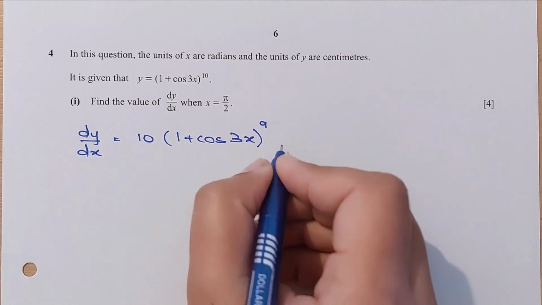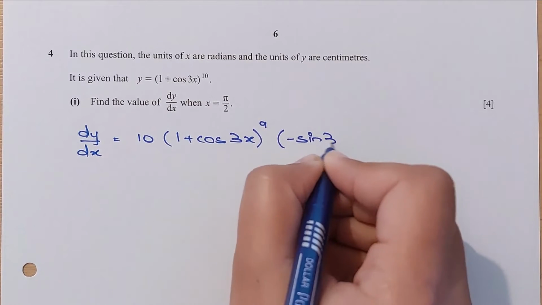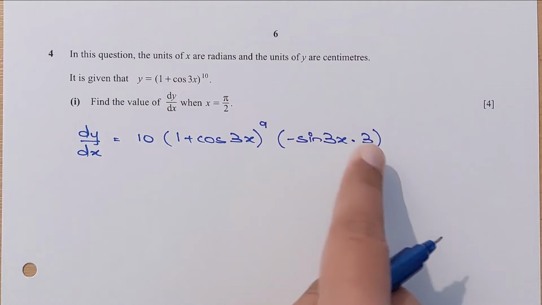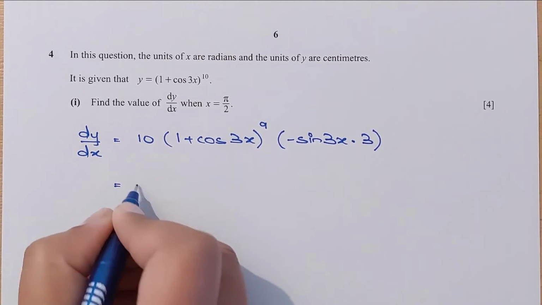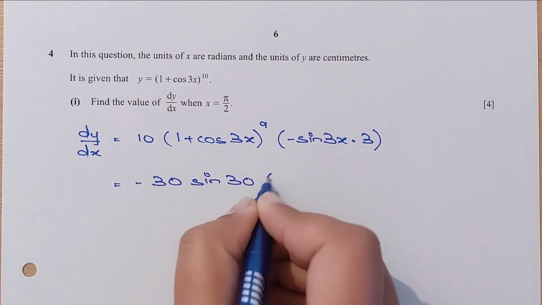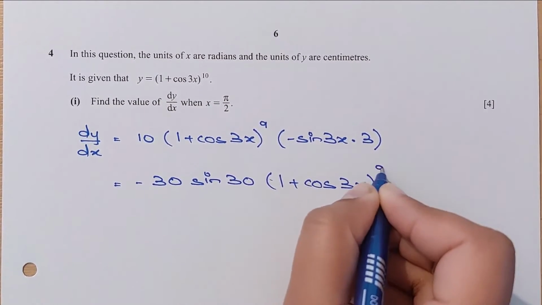The derivative of 1 is 0 and the derivative of cos is negative sine 3x, times the derivative of 3x, which is just 3. So negative 3 times 10 is negative 30 sine 3x into 1 plus cos 3x, power is 9.